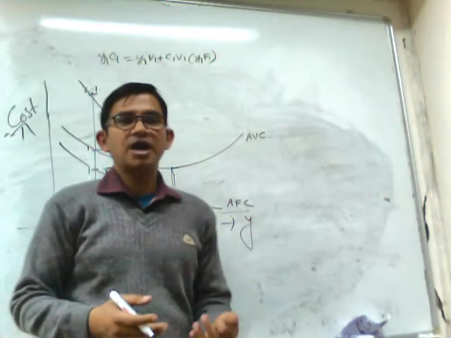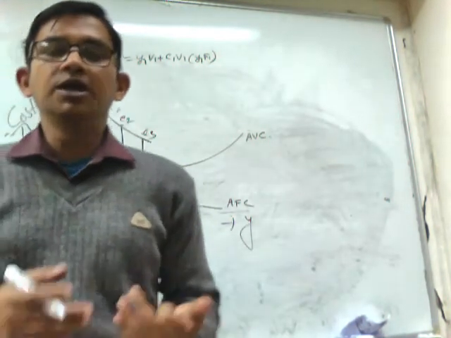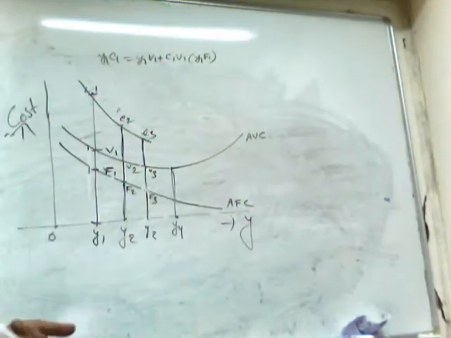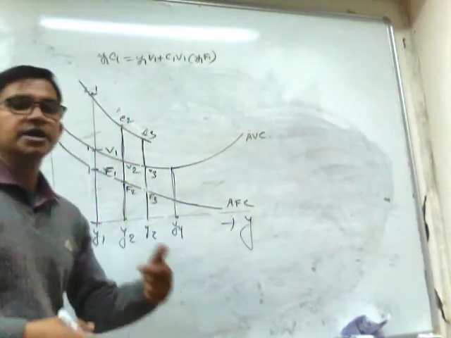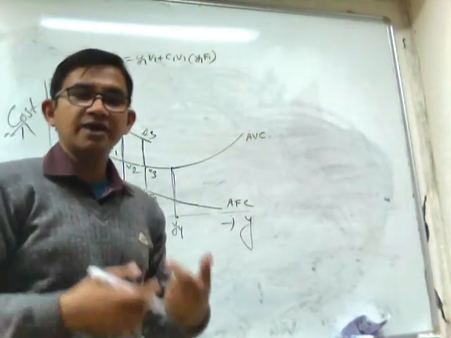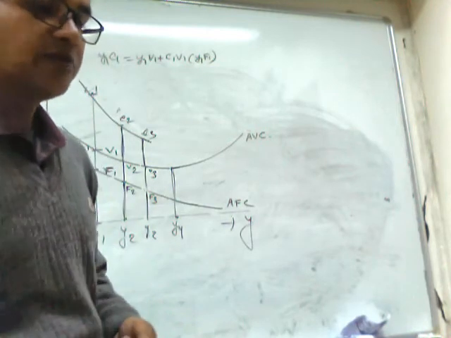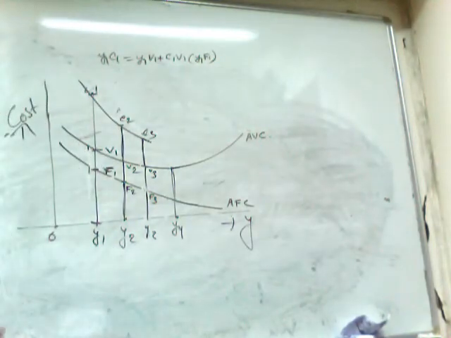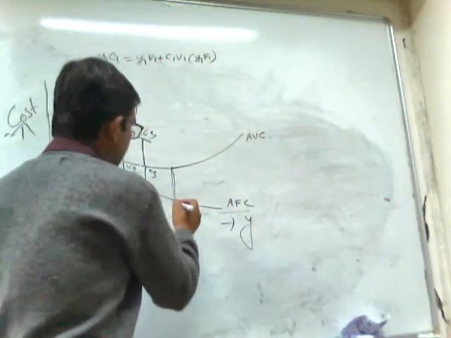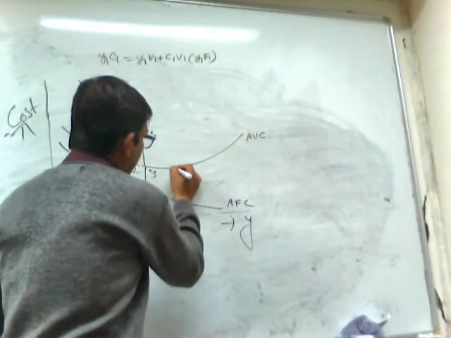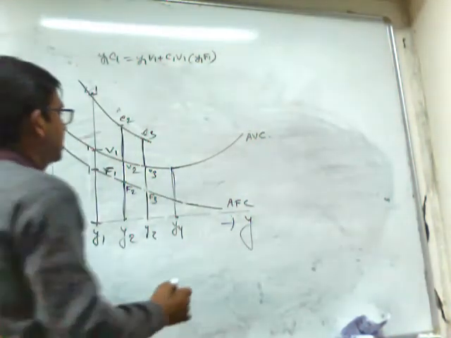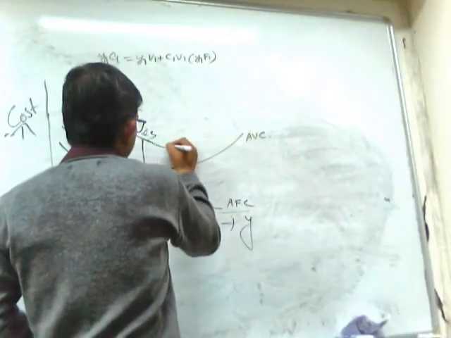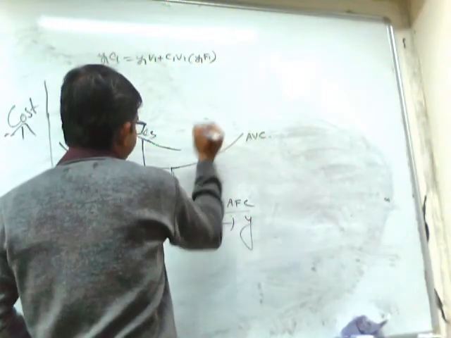Whether the AC will rise or fall depends upon the relative strength of these two. If after this point the rate of rise in AVC is less than the rate of fall in AFC, the average cost will still decline. So initially, after this point, the rate of decline in AFC is greater than the rate of increase in AVC, so AC continues to fall.